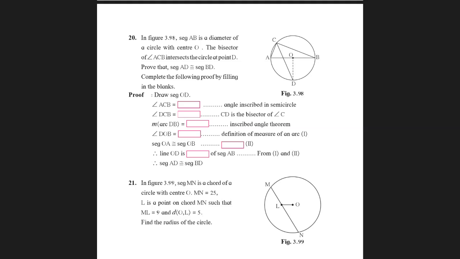Draw segment OD. Angle ACB is equal to 90 degrees because it's angle inscribed in a semicircle. Angle DCB is equal to 45 degrees because CD is the bisector of angle C. Measure of the arc DB is equal to 90 degrees, inscribed angle theorem, because if angle DCB is 45, measure of the arc DB will be 90 degrees.